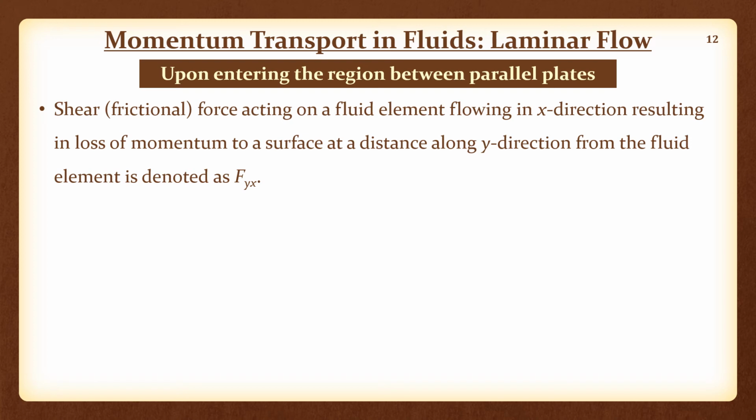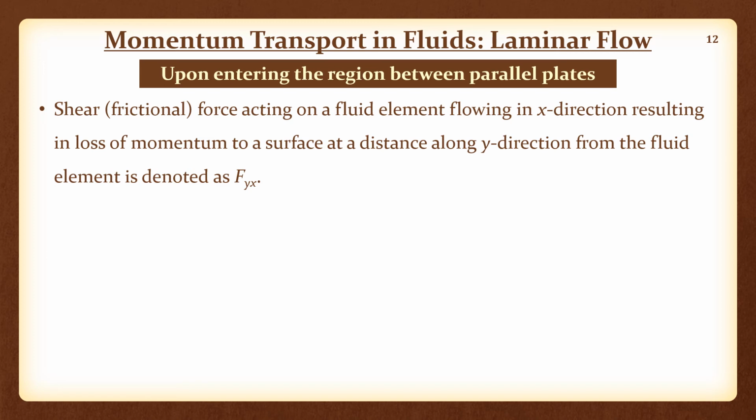So, to describe this shear or frictional force acting on a fluid element, you need to indicate F with two subscripts. The first subscript indicates the direction in which this shear force itself acts, that is the y direction. That is the direction of the momentum being transported.